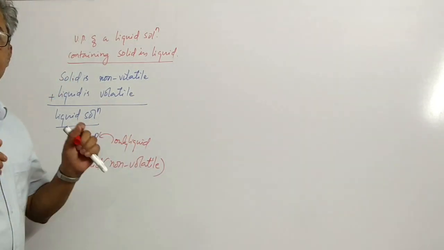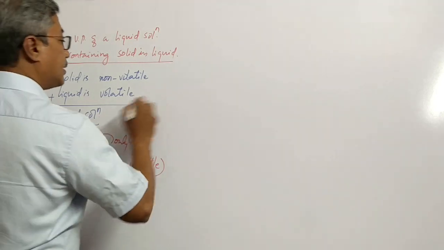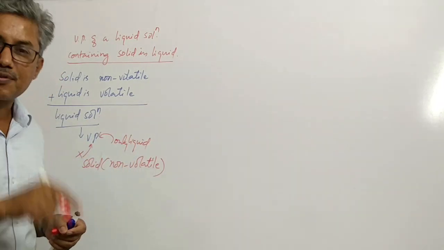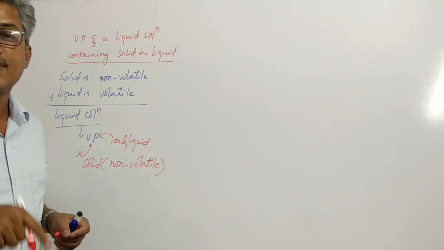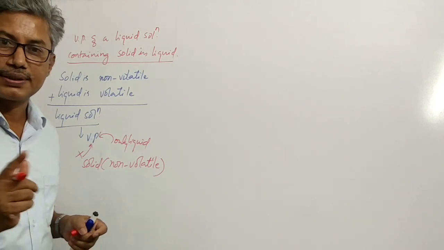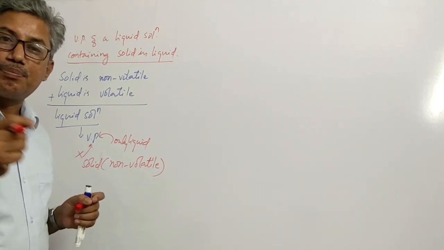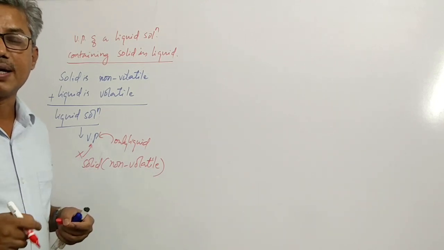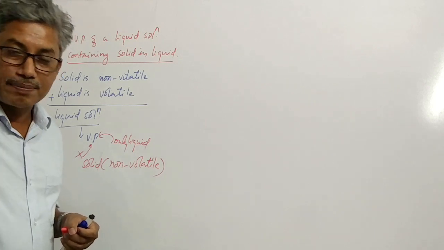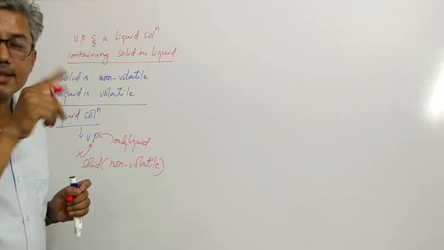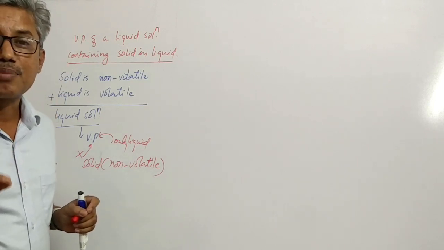Is that clear students? In a container containing volatile liquid, if you add a solid, then you will get a solution out of the liquid. The solid component which is dissolved in the liquid will not be found in the vapor phase because it is non-volatile, and in the vapor phase only volatile components are found.